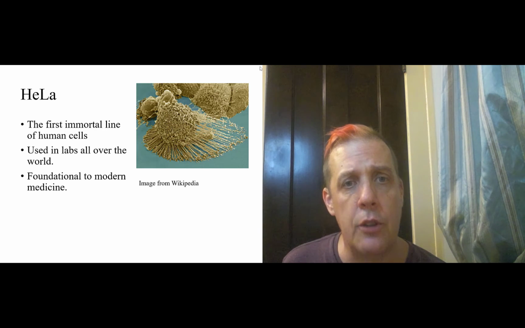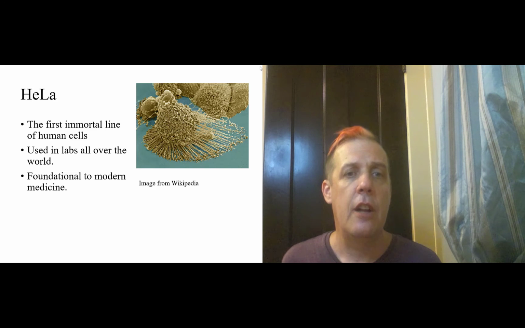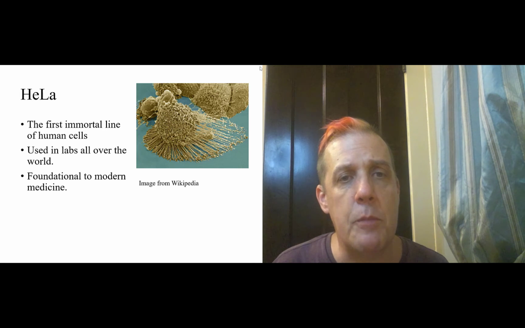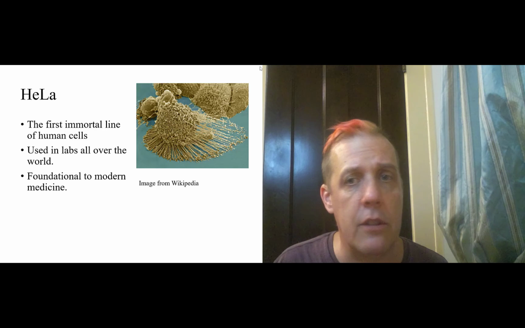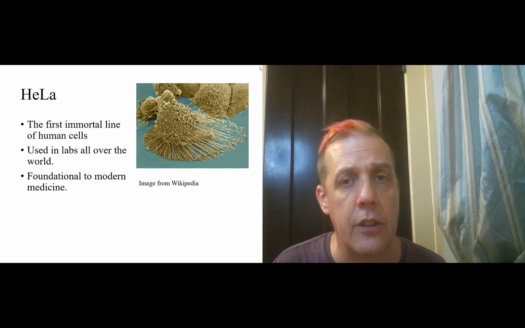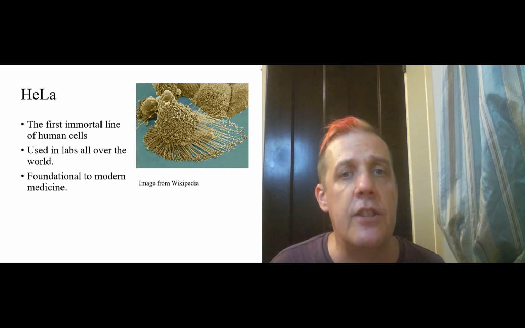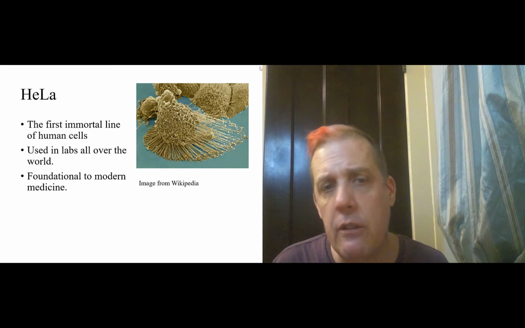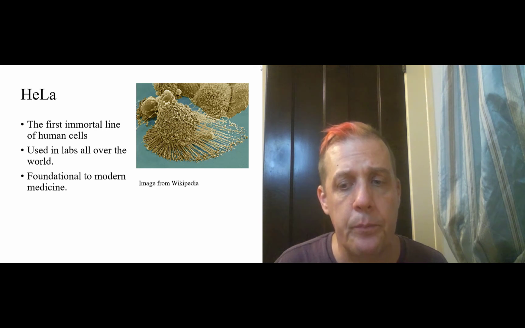If you want to know how a drug interacts with a human cell, this is a go-to thing. And standardization is really important in science. You need to always be measuring things with the same ruler. Otherwise, there's no point in comparing things. And so the HeLa cell line became a ruler. So it's foundational to modern medicine.